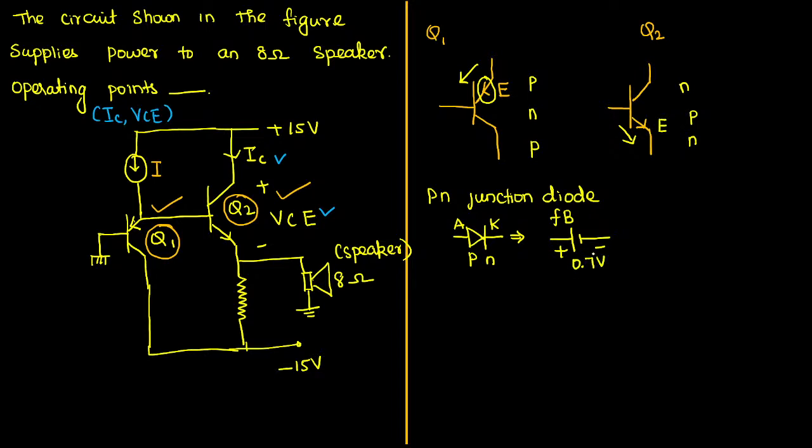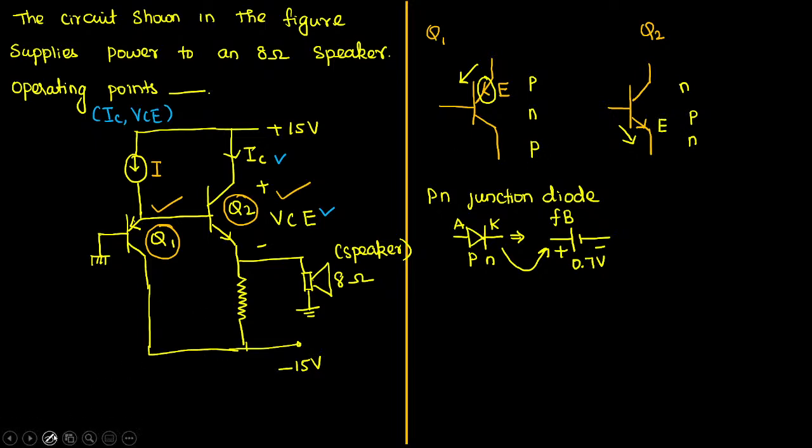Do remember, I have told you that though it is not given in the question, it doesn't matter whether they are giving the data or not, you have to take it because it is a practical circuit. So always replace the diode in its forward bias by its cutoff voltage 0.7 volt, that is the equivalent circuit of the PN junction diode.